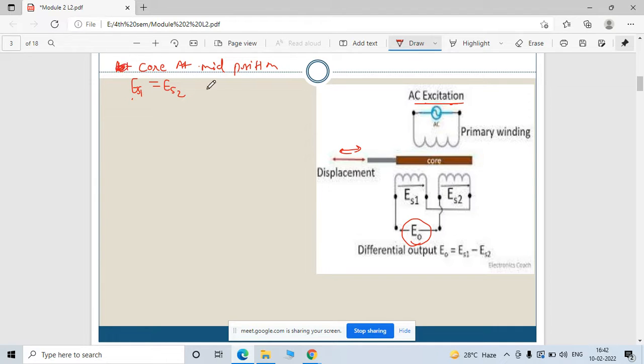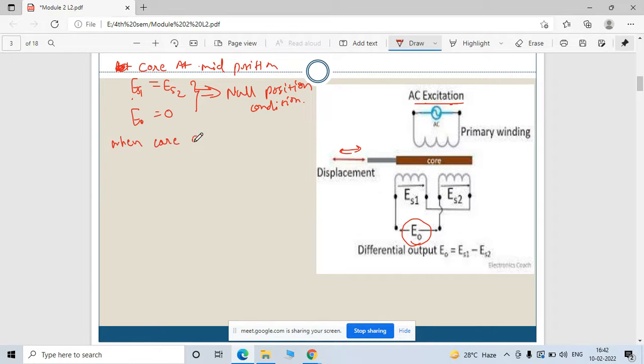This is called your null position. So here E output is nothing but 0, because both ES1 and ES2 are equal. So this position is called the null position condition.